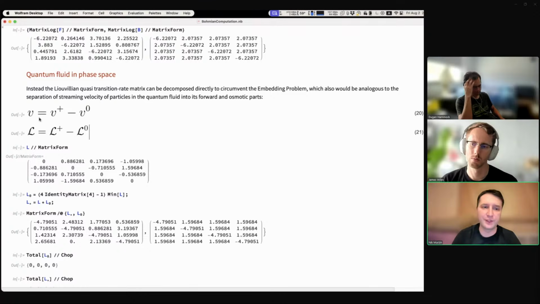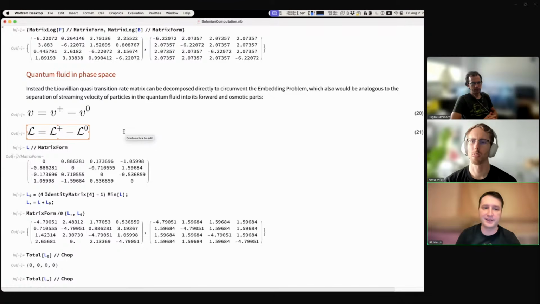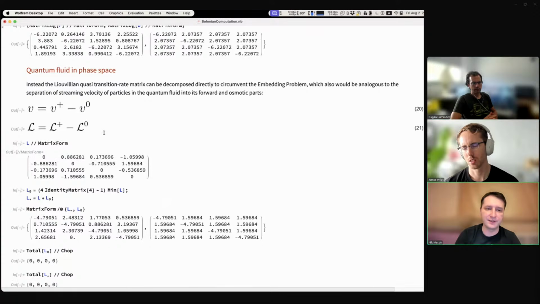So this is v, the velocity of the actual fluid. It's either going forward or backward due to osmotic pressure. This decomposition of the quasi-transition rates corresponds to that. So if you do this time, those would be the natural classical transition rates.